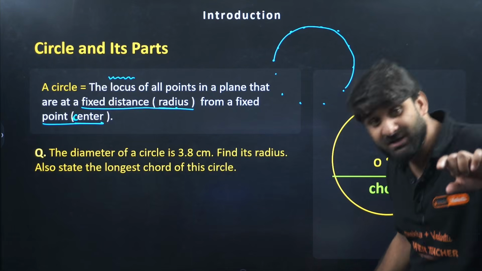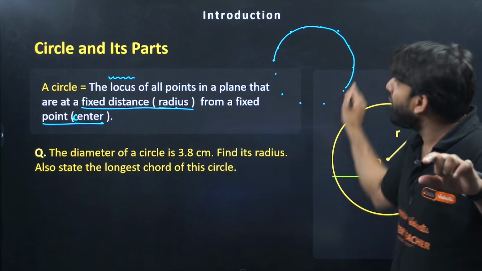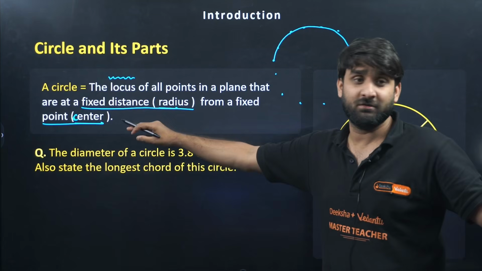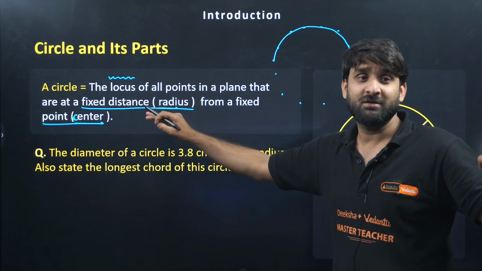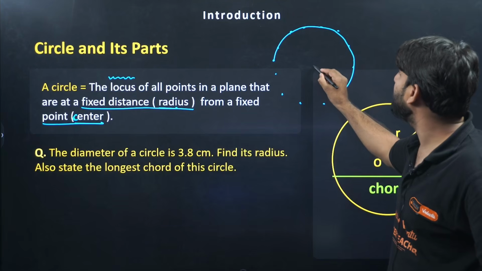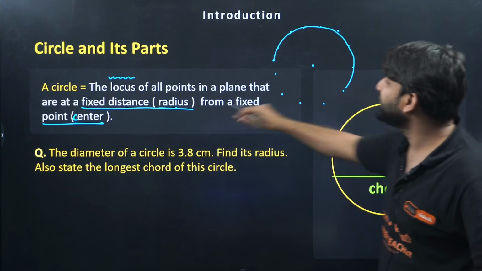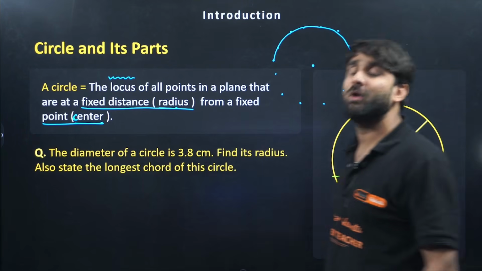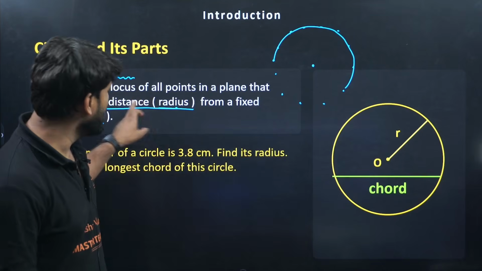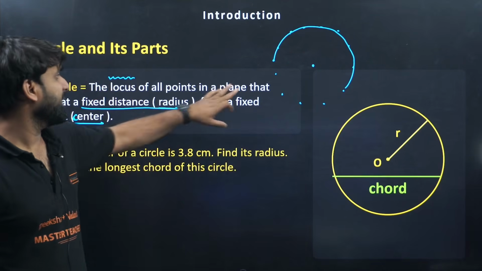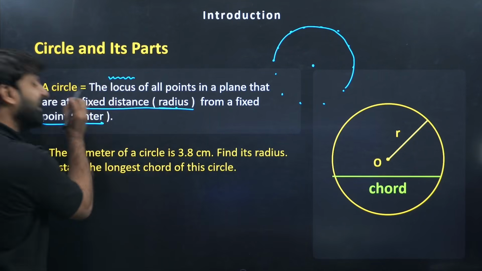But there is a condition. The locus of all the points in a plane is such that the distance from a fixed point should be equal in every direction.